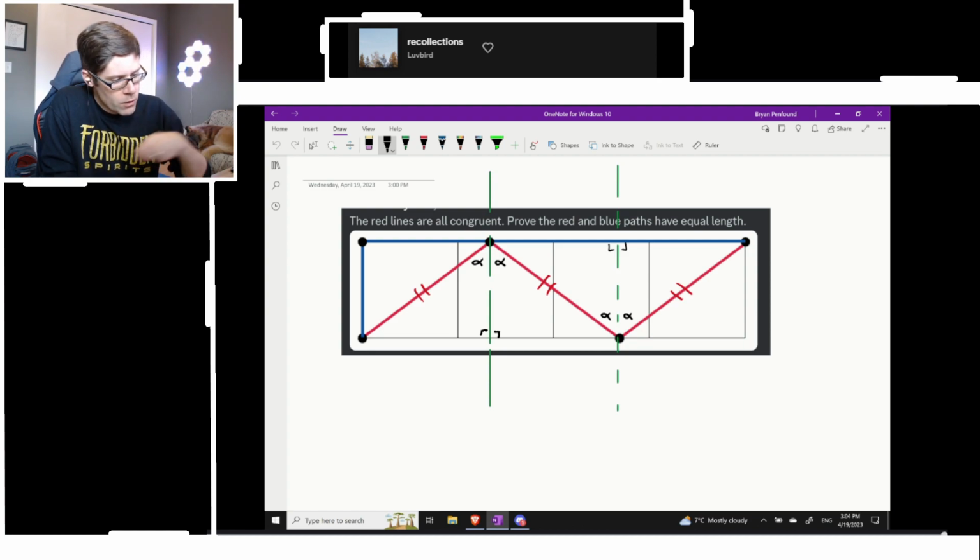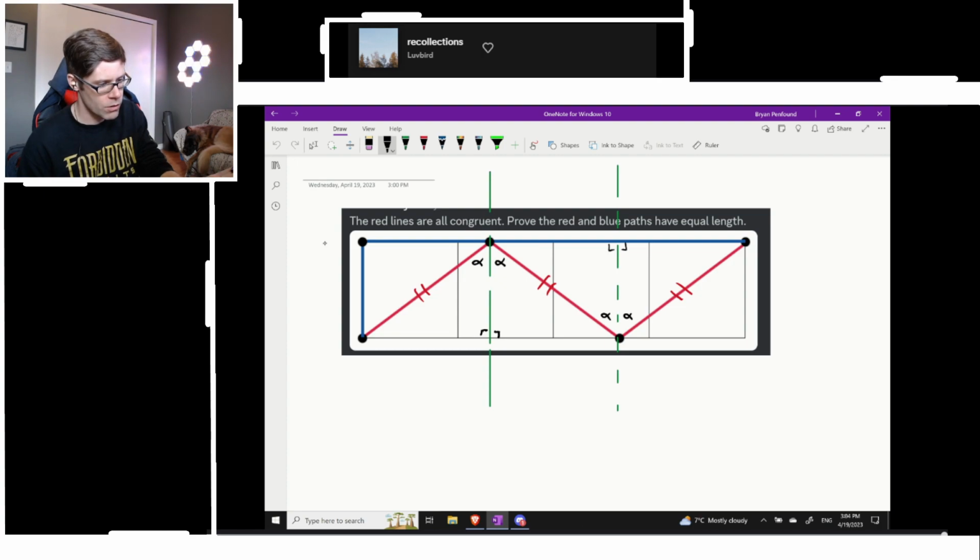But I think we need a way to start thinking about the red lengths and the blue lengths. So for example, if we call this one length X, and we call this here length Y, we could probably start popping together some right angled triangles.